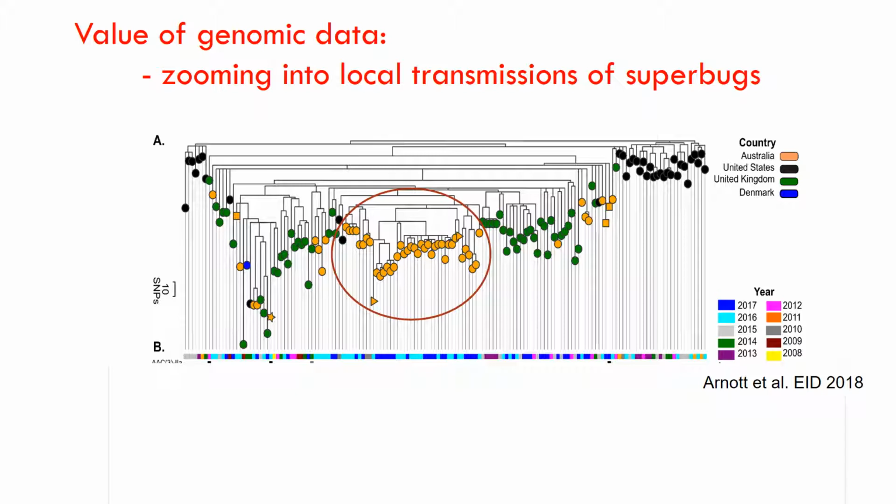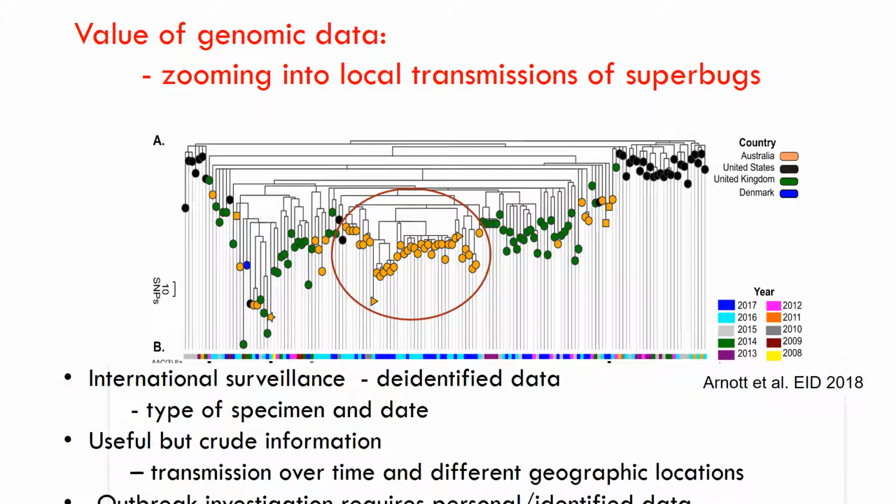And because some of these isolates included isolates from food products, it was also possible to show that pork meat was probably the likely vehicle by which it had been introduced.